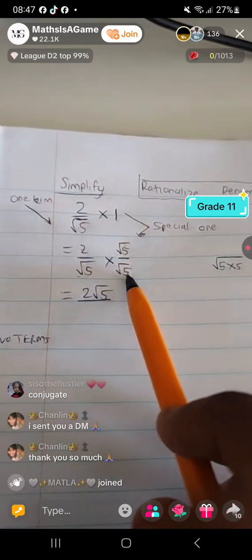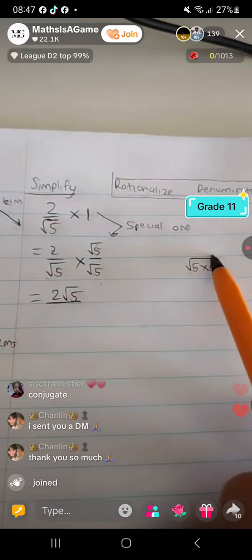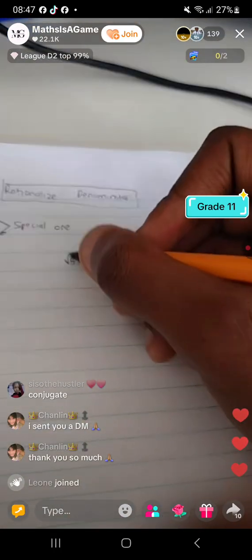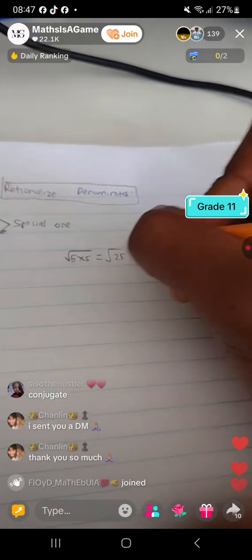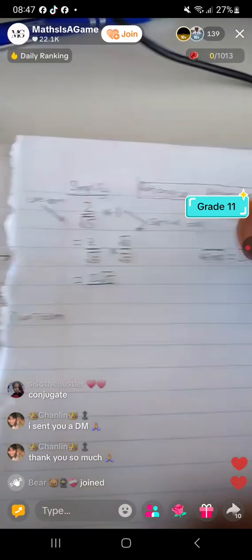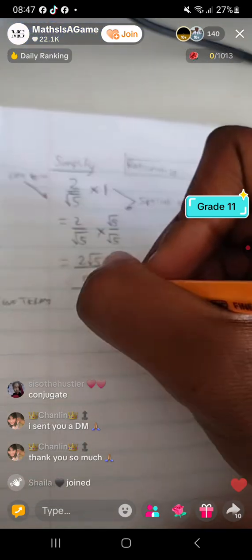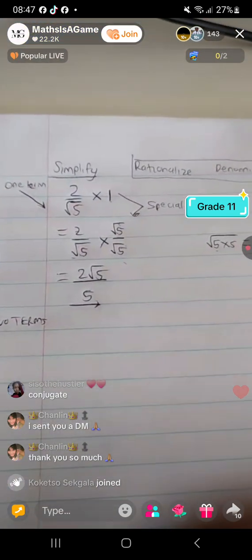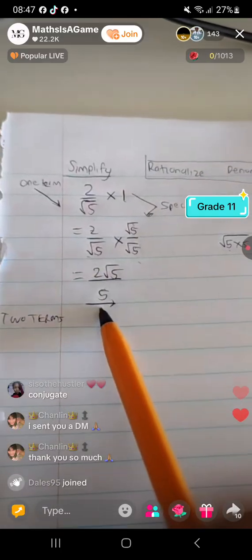So that allows you to take the 5 and the 5 and put them inside the same root. What's the square root of 5 times 5? It is the square root of 25, which is equal to 5. So in the denominator, I can write 5. That is my final answer. So that's why you guys said the answer is 2 root 5 over 5.